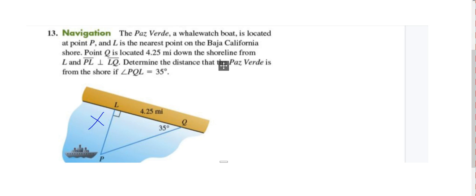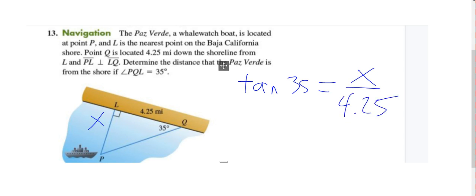Okay, so I need this side of the triangle. Tan 35 equals... There's people dancing in front of me. I mean, what is going on? Okay, so obviously just cross multiplication.